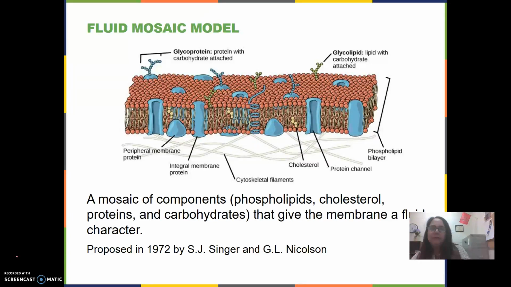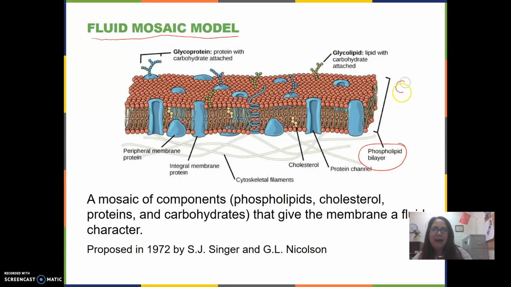The illustration that you see here, that you're going to see many times throughout this lecture, is called the fluid mosaic model, and that is the name given to the model for the plasma membrane. There's the phospholipid bilayer, the double layer of phospholipids.